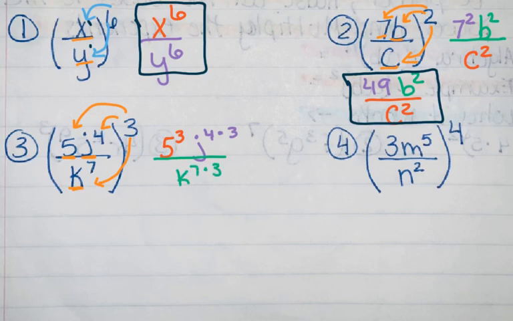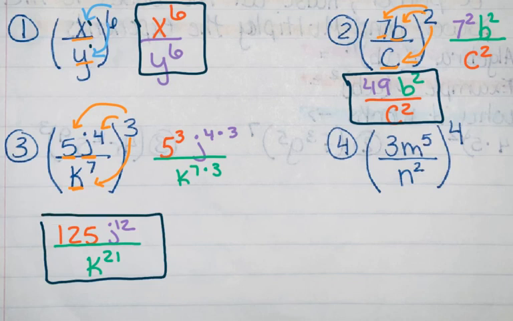Okay, well, 5 raised to the third means 5 times 5 times 5, which is 125. So we're going to simplify that to 125. 4 times 3 is 12. And then 7 times 3 is 21. So number 3 would simplify to 125, j to the 12th, k to the 21.